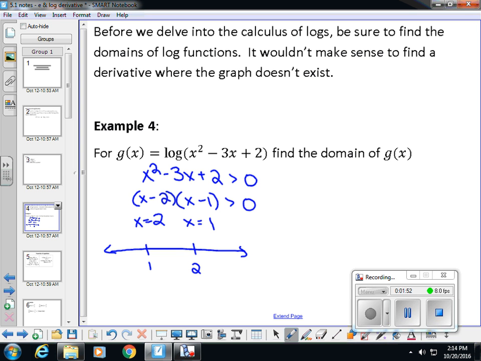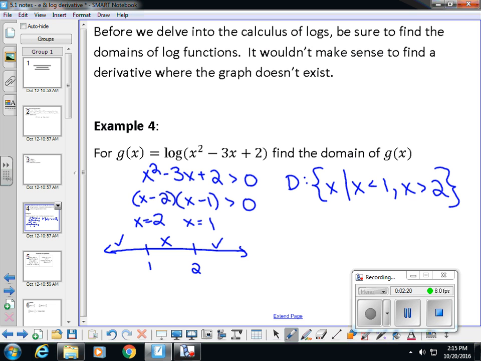So when we pick values, less than 1 works, between 1 and 2 does not work, and greater than 2 will work. That makes the original inequality of x squared minus 3x plus 2 truly greater than 0. So my domain of this, and this is one way you could write it, is for all x's, x has to be less than 1 or greater than 2.